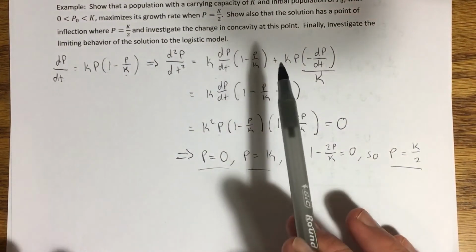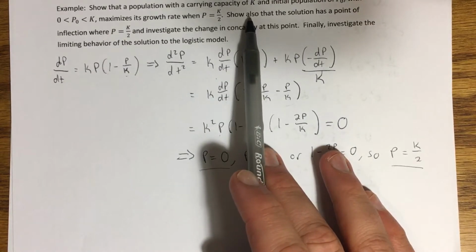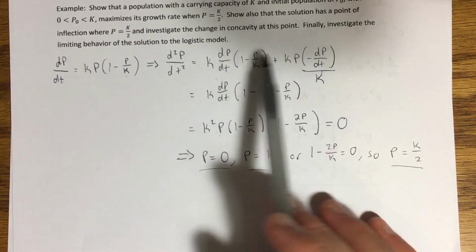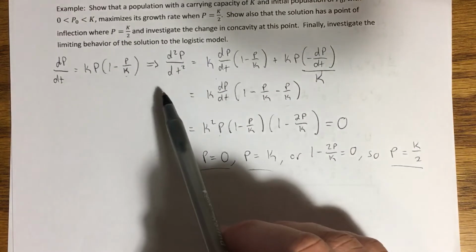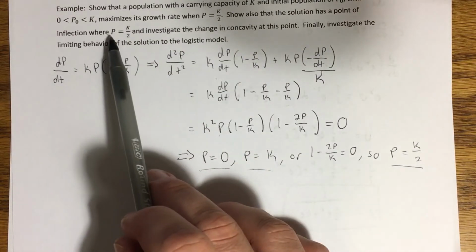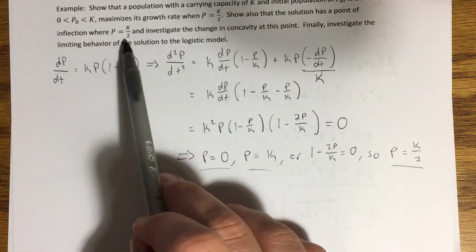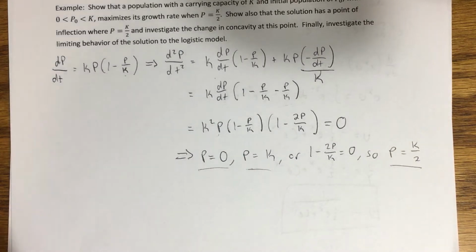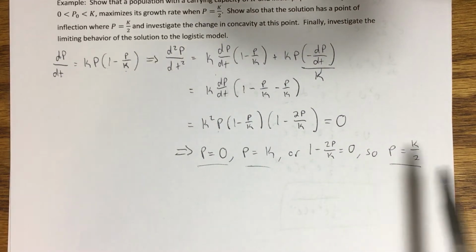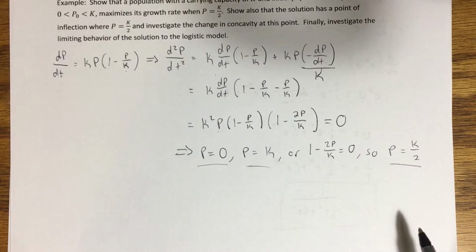What else do we need to do? We need to show that our solution curve, so either of these two blue curves, has a point of inflection at that point where p is equal to k over 2. Okay? And remember, to check and see if something is a point of inflection, you need to find, first of all, where your second derivative is equal to 0.